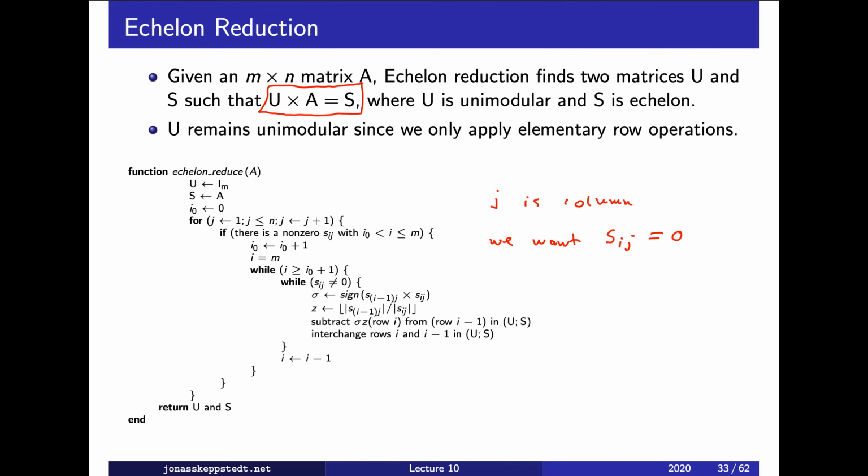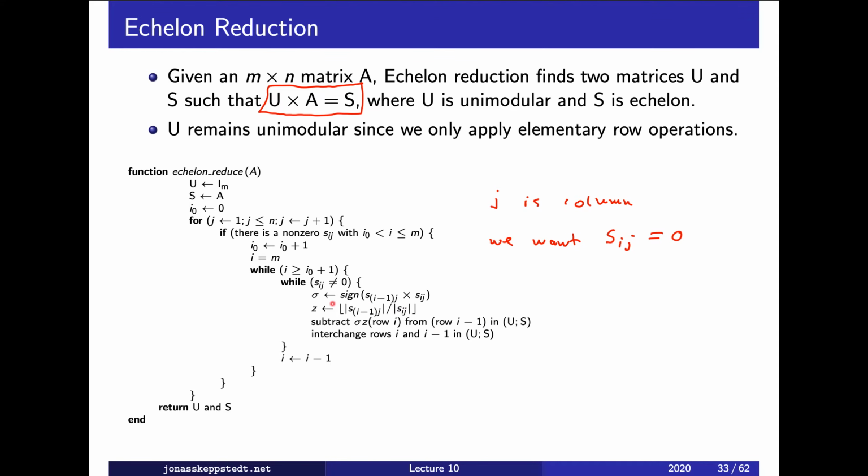So what we want to do is to create an echelon matrix of S. And we do that one column at a time, starting at the leftmost column. So j determines which column we are working on, starting with the leftmost and going up to the last. And then the element that we want to become a 0 is S_ij.